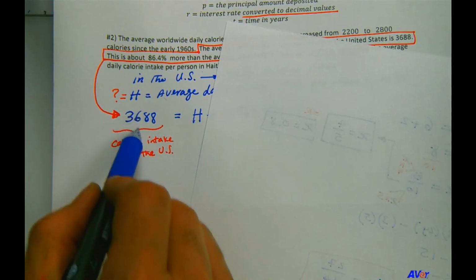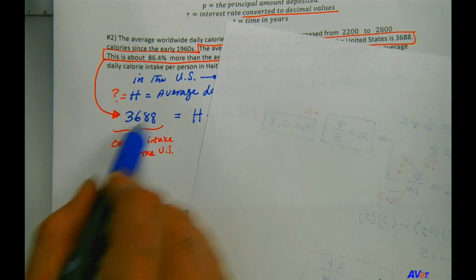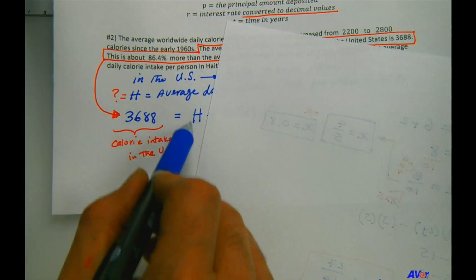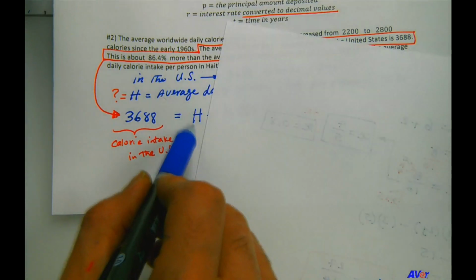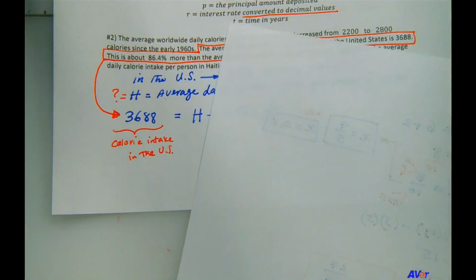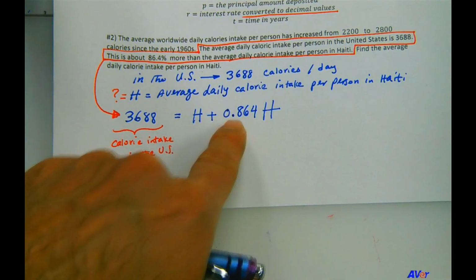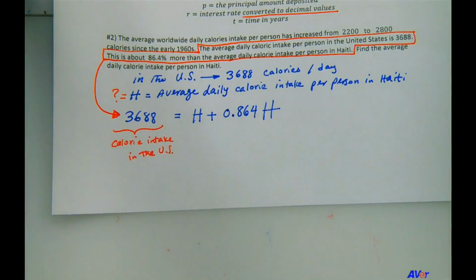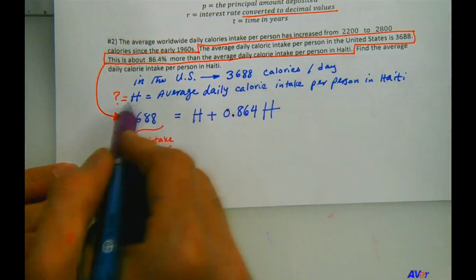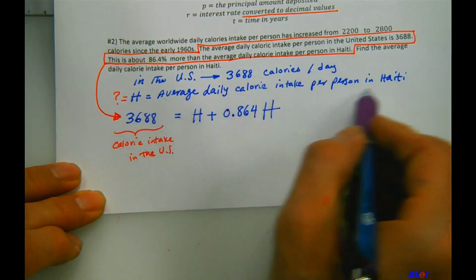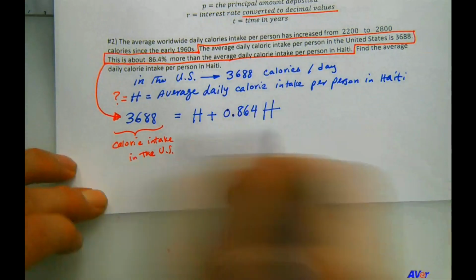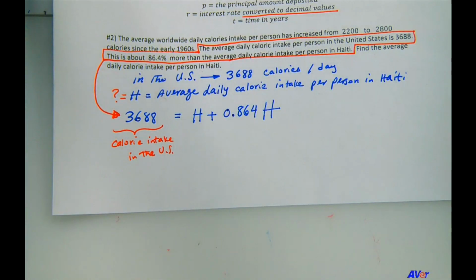The caloric intake in the United States is equal to the caloric intake in Haiti, which we're looking for, plus 86.4% more than this, which is 0.864 times H. Okay, so H, we know that it's the average daily caloric intake per person in Haiti. So we solve this equation for H, and we have the answer we're looking for.